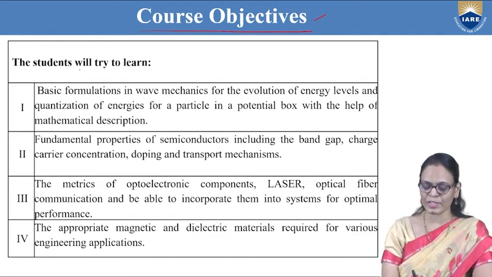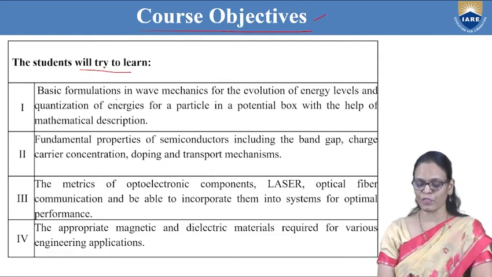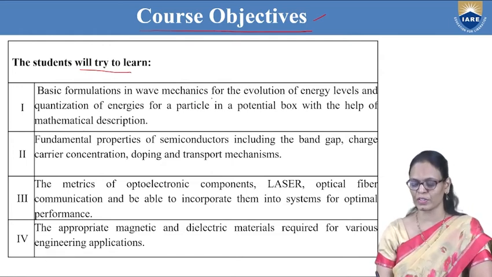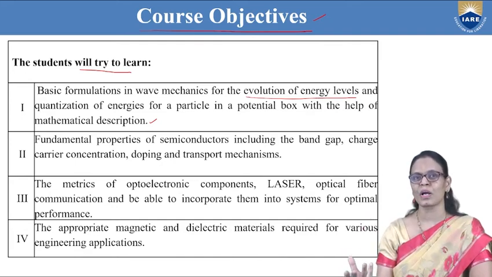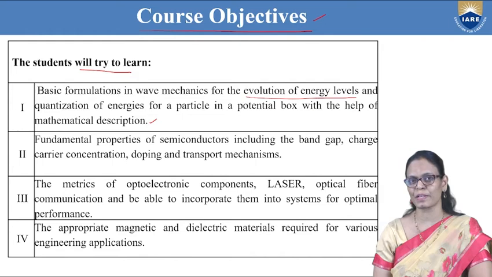The student will learn basic formulations in wave mechanics for the evolution of energy levels and quantization of energies for a particle in a potential box with the help of mathematical descriptions. With the help of mathematical descriptions, he is going to understand the evolution of energy levels, which helps in every field of engineering. Whenever they are dealing with materials, they need to know how quantization of energy takes place.